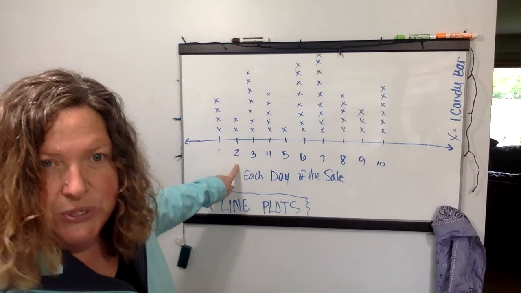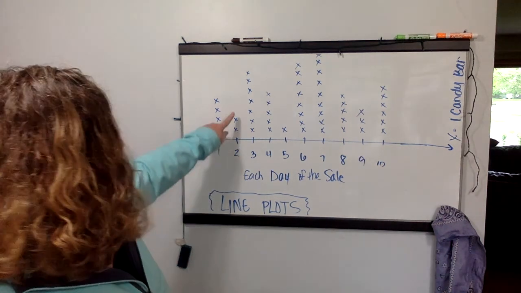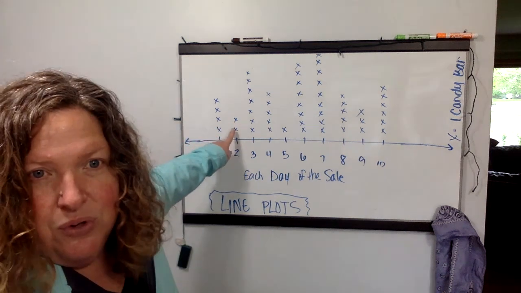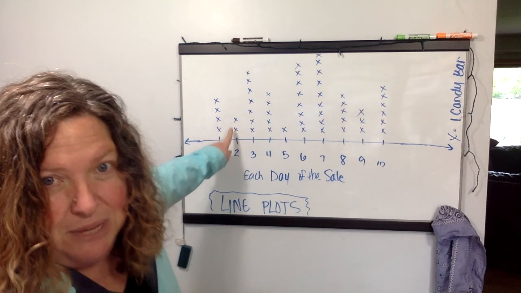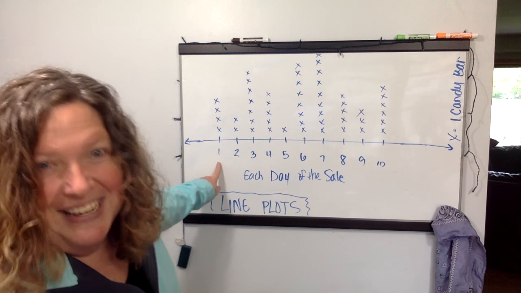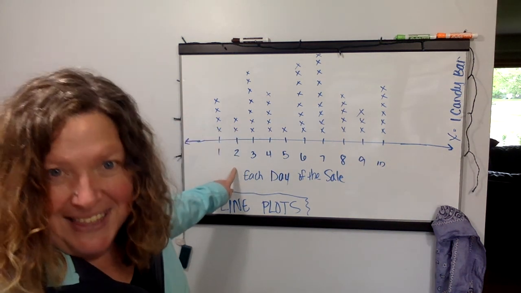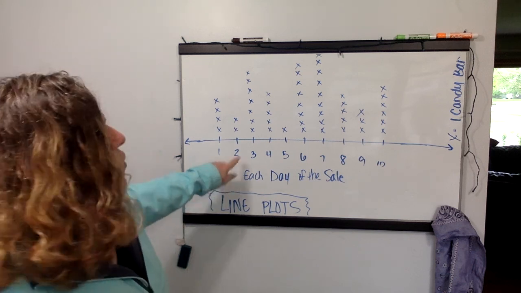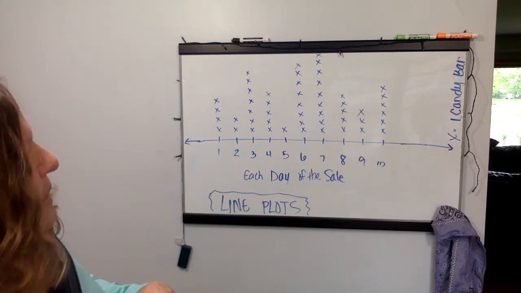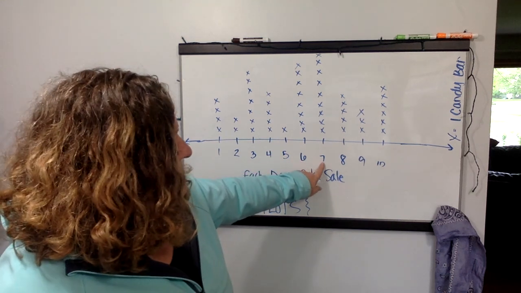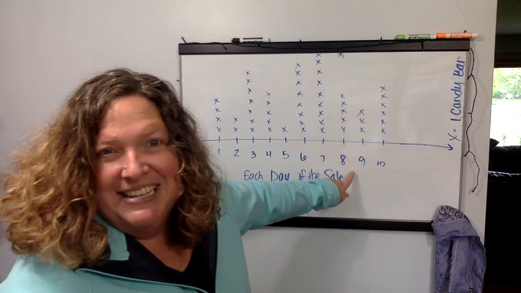We hear those words 2 times more. Means we take what's on day 2, we multiply it by 2 because it's 2 times more, and that's what we get on day 1. Day 1 has 2 times more than day 2. What would be the multiplicative comparison between day 7 and day 9?